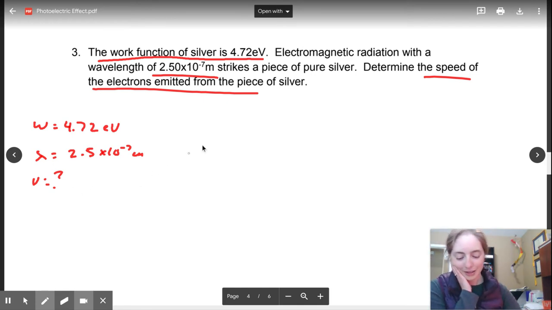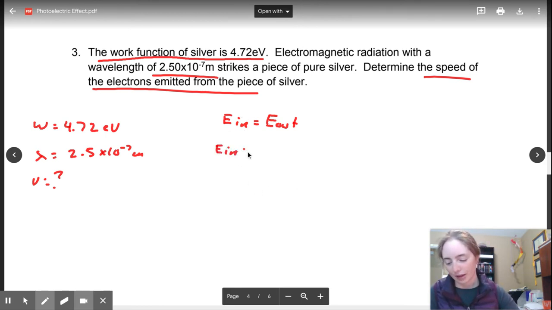So we are going to need to find the EK of said electron. That means we can then find the speed. So when we want our energy equation, energy in is going to equal our energy out. So we know that law of conservation of energy. Our incident energy is going to equal our work function plus the EK max of that electron.